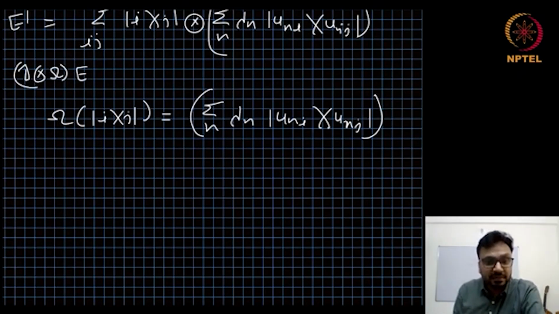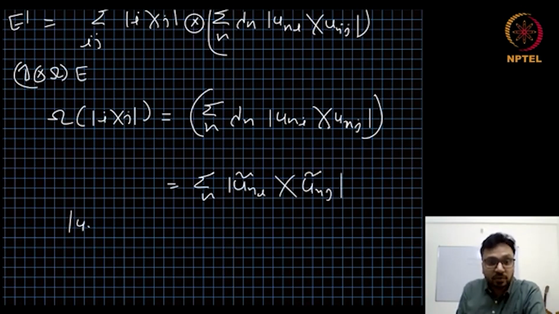And this thing can be written as the sum over n. Since lambda n are positive numbers, we can define un i tilde and un j tilde, where un i tilde is nothing but the square root of lambda n times un i.